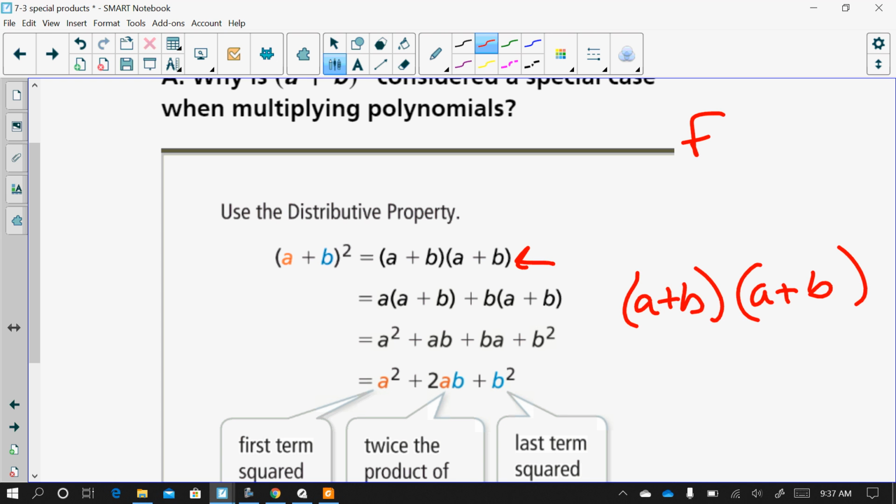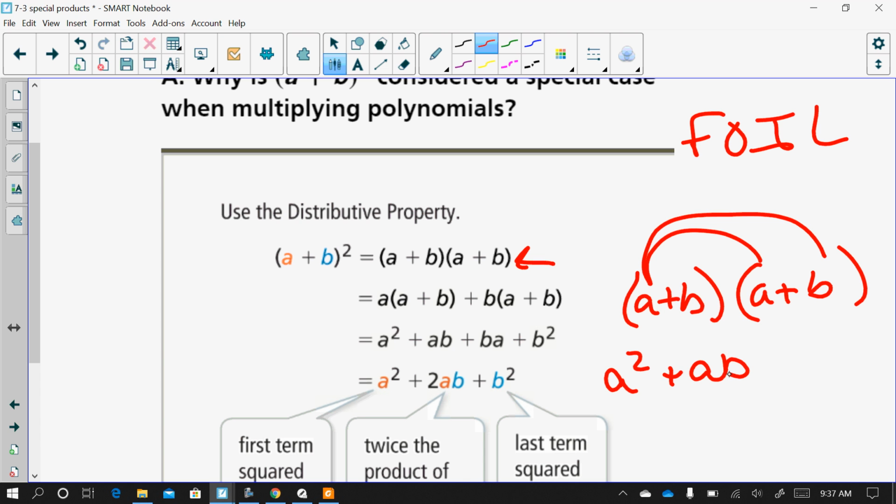Remember FOIL: first, so a times a gives you a squared. O is outsides, so a times b. Insides, b times a. Now, normally you do ba, but multiplication doesn't care what order, so I'm going to change that to ab.